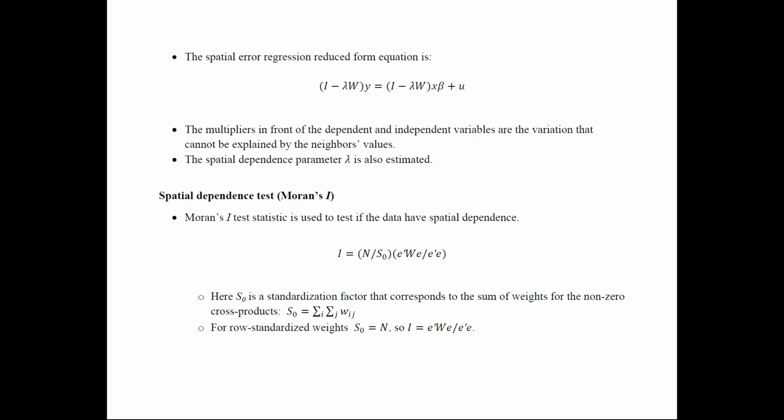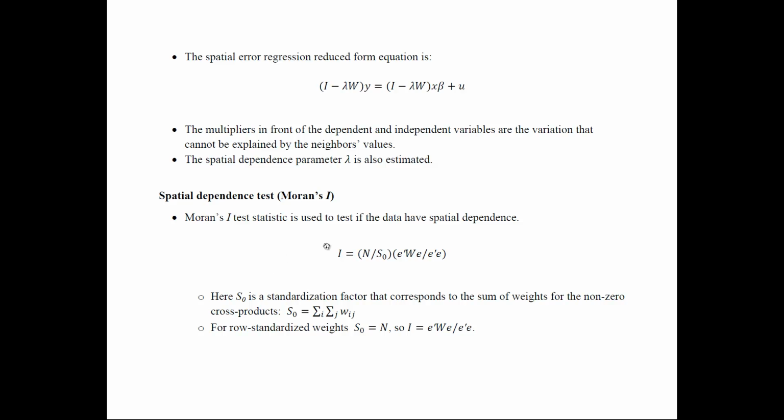Okay, so the last thing to talk about is the spatial dependence test, and we would like to know whether or not there is any spatial dependence, and this will be the Moran's I test statistic.